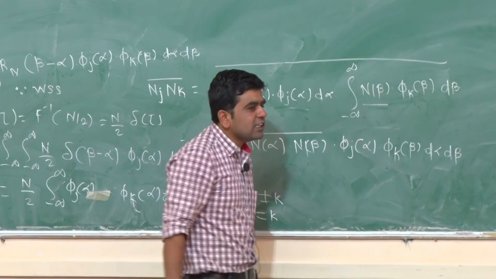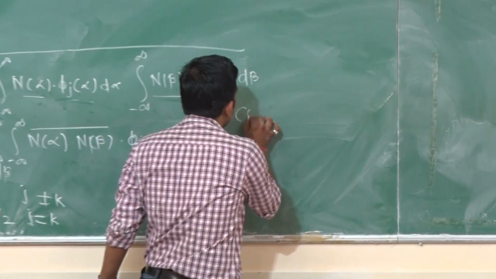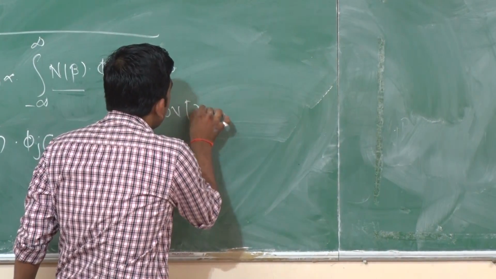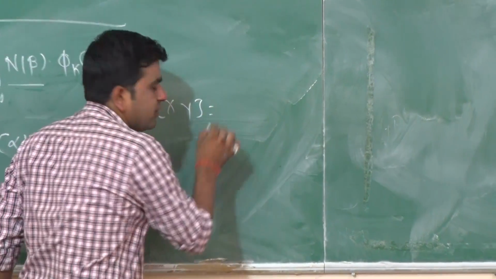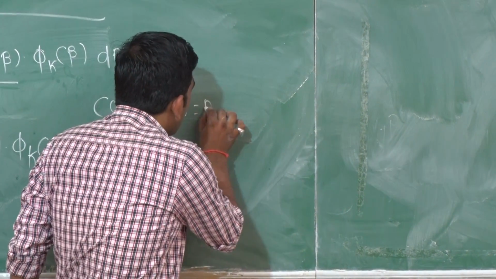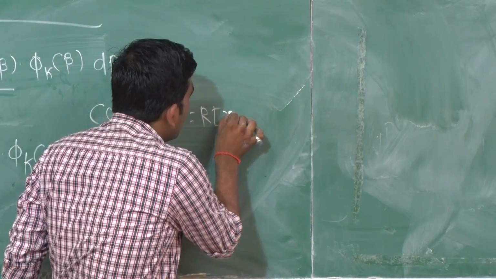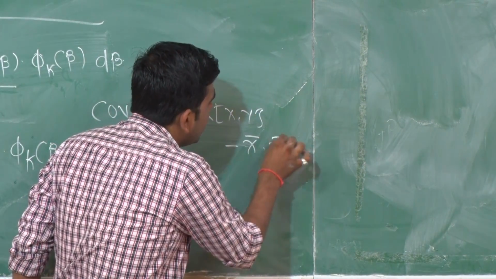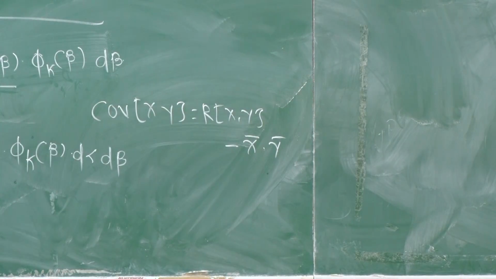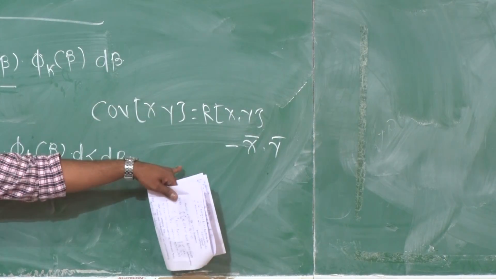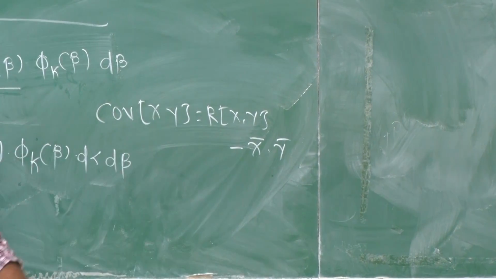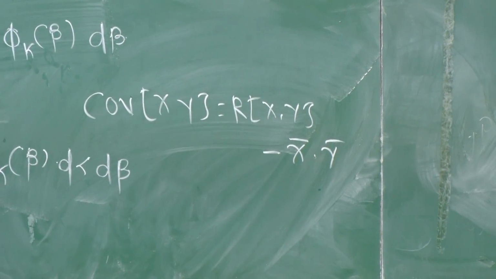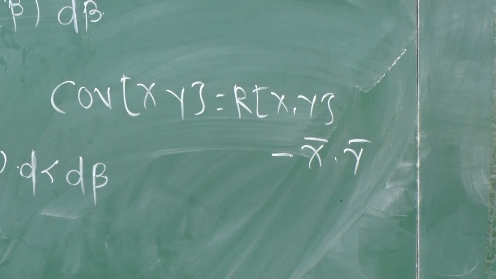So as per the definition, the covariance of xy is given as autocorrelation of xy minus x bar into y bar. As the mean value is equal to 0, the covariance of xy is equal to the autocorrelation of xy.